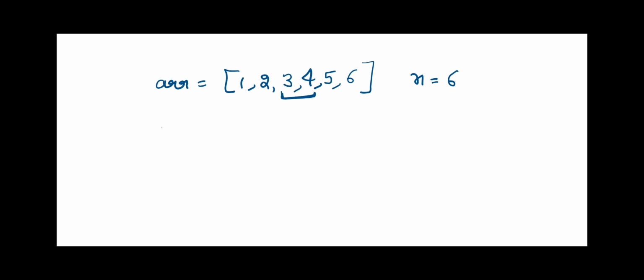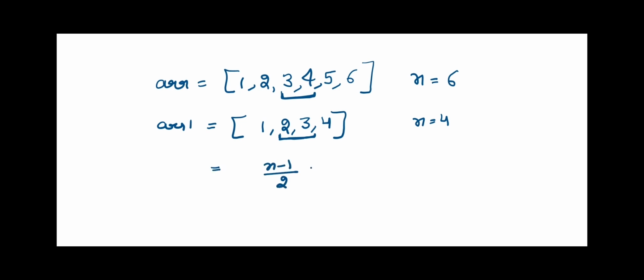Let's take another array of size 4. Here n is 4, and the median of this array will be the average of these two elements. So from here we can see that the median of an array of even size will be the average of elements present at the (n minus 1) divided by 2th position and the n divided by 2th position.